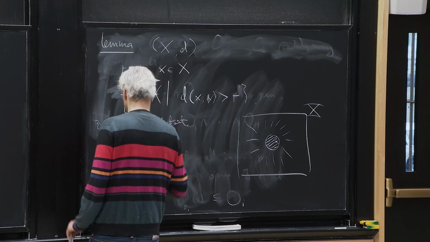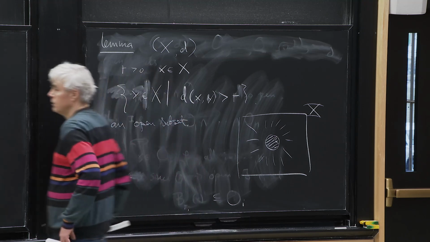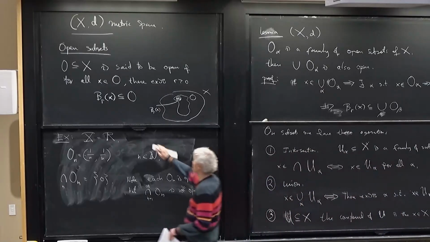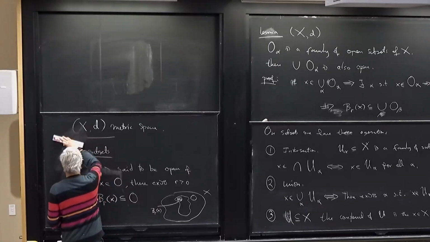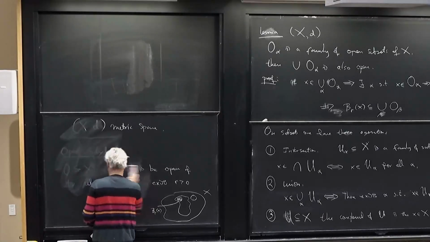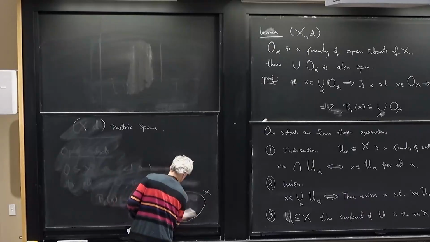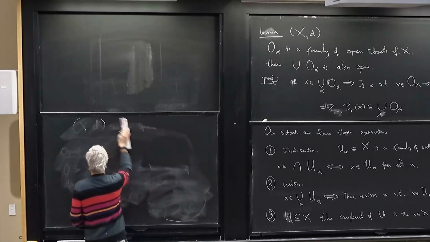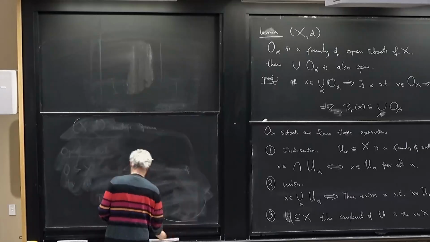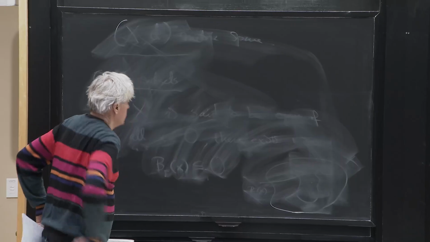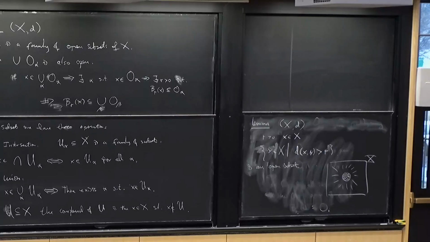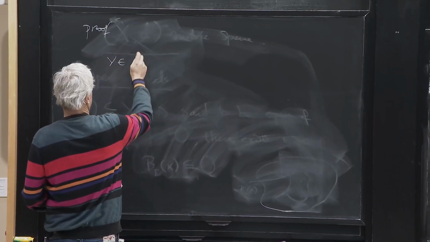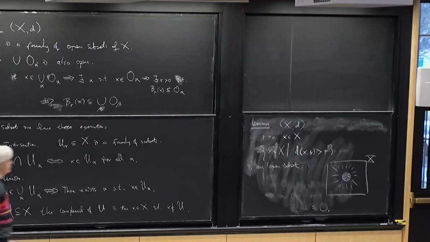The proof is very similar to how we proved that a ball is open. Again, the key ingredient is the triangle inequality. So let's try to prove that. We take y in this set, let's call it E.